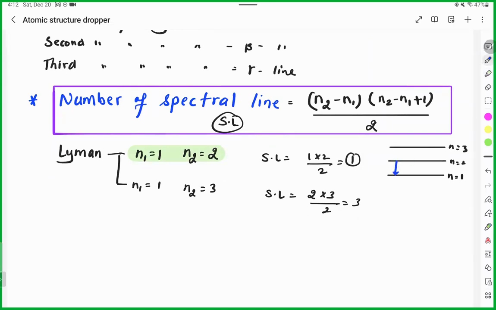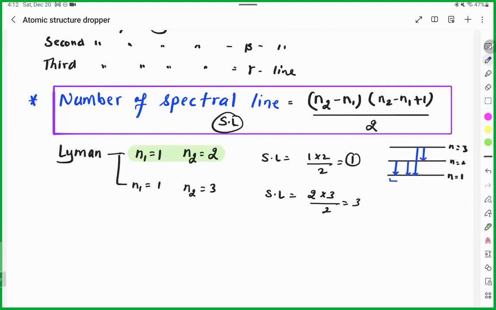No other line is possible. As simple as that, right? But if you take from n3 to 1, what are the possible lines? It is possible from 2 to 1, 3 to 1, and 3 to 2. Make sense?